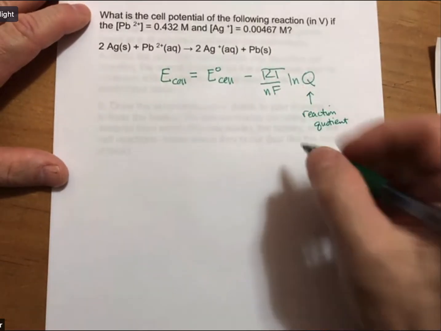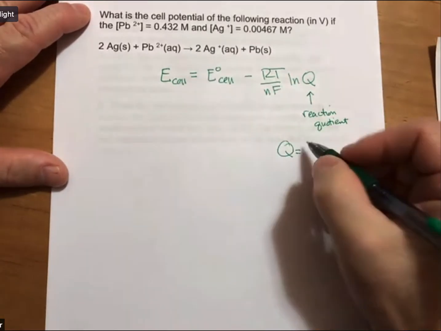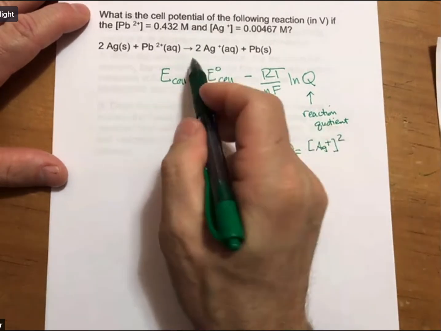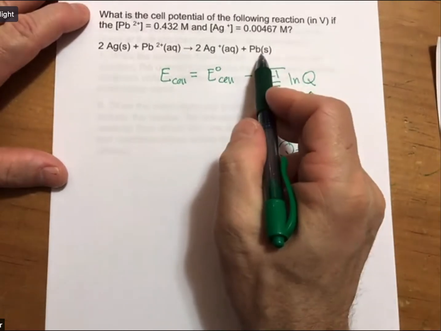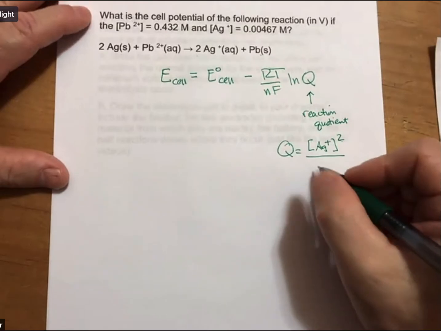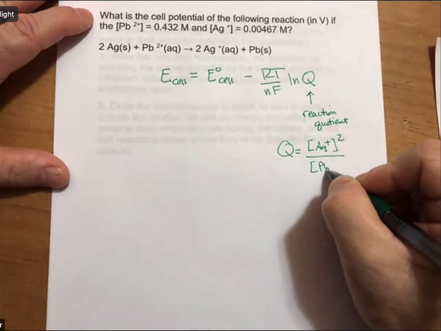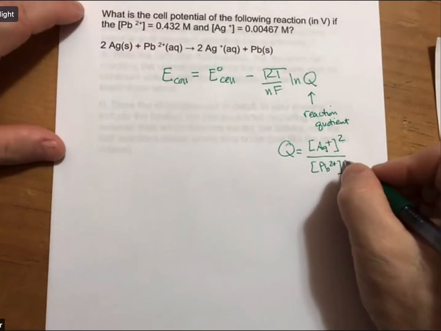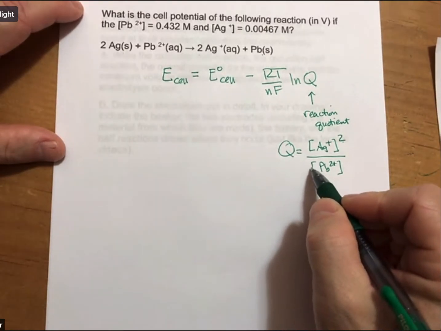So our Q will be products raised to coefficients, ignoring solids and liquids, but just solids in this one, divided by reactant raised to coefficient, but it's just a 1, so we don't need to write it. So our reaction quotient has come back to us.